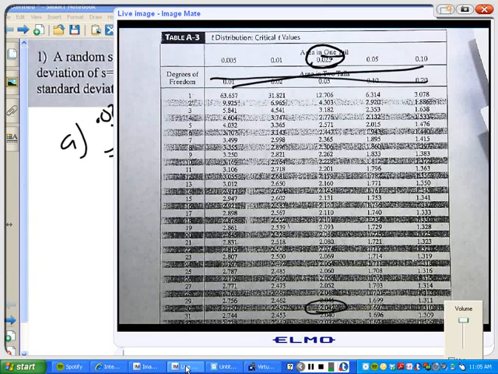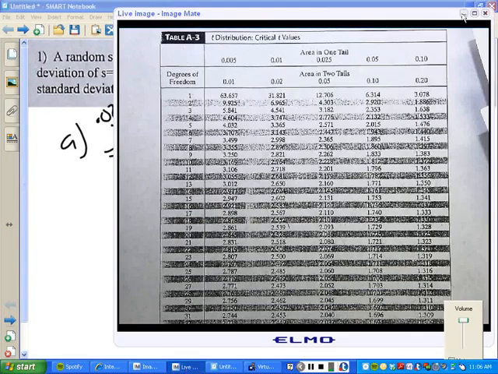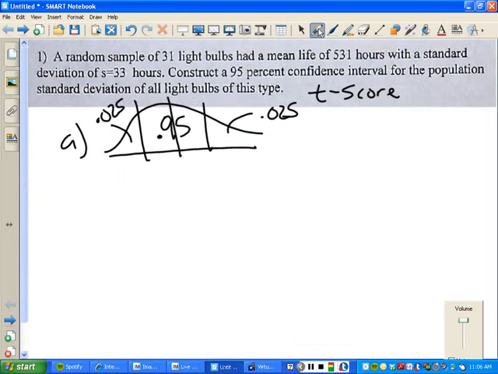Degrees of freedom will be n-1, so 31 minus 1 is 30. That puts us on this row, over the 0.025 column. Okay, close that, minimize this. So we're looking at 2.042 as our t-score value.